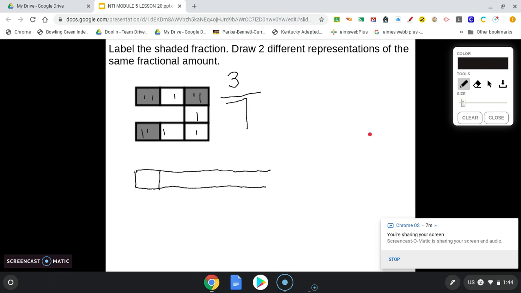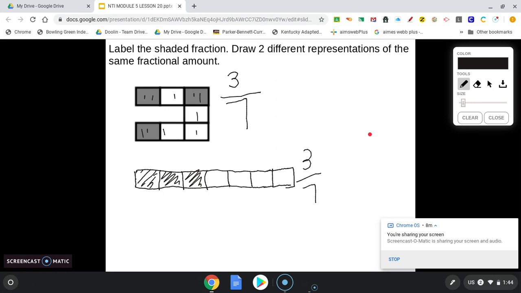So that would be 1 unit, and it's about the same size as that one. 2, 3, 4, 5, 6, 7. Now I have to shade in 3 parts. So 1, 2, 3. So I have shaded in 3/7 of this rectangle.